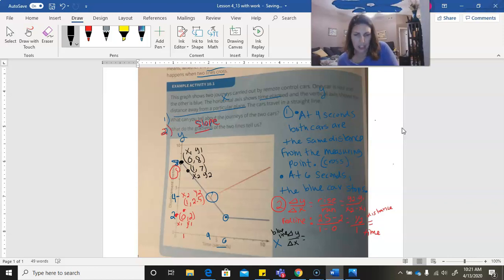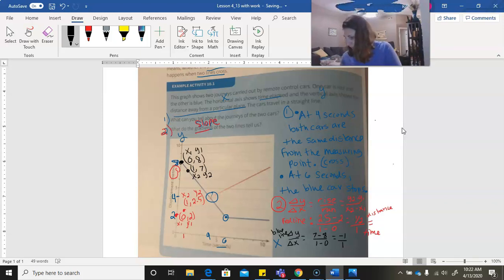The changes in your y are y2 minus y1, which it looks like your y2 is going to be 7, your y1 is going to be 8, and your x2 is 1, and your x1 is 0.